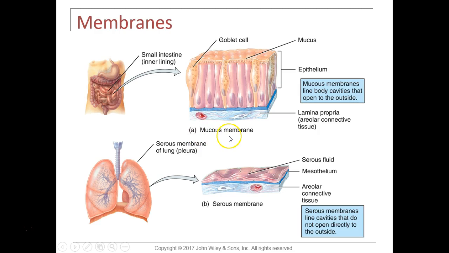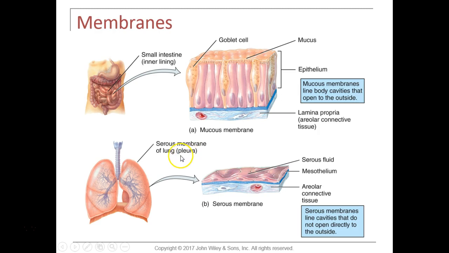All right? But we also have epithelial membranes which are considered to be serous membranes. Serous membranes are composed of, always, a simple squamous epithelium. Here they show the outside of a lung. This is the respiratory system. So the outside of the lung is surrounded by a membrane called the pleural membrane.